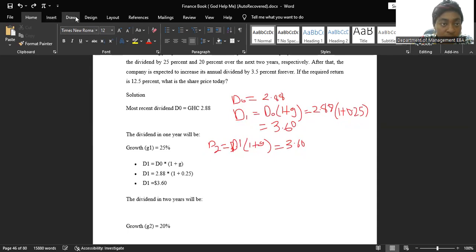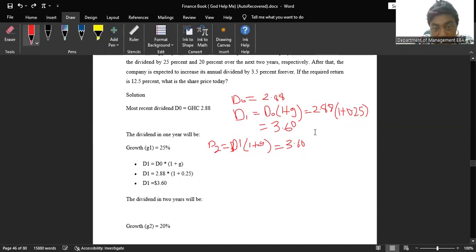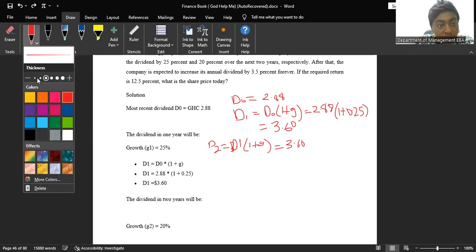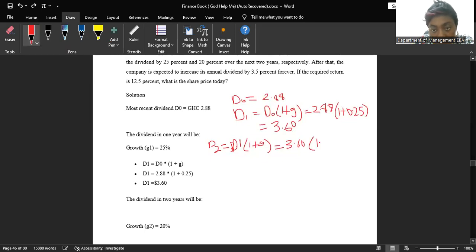Okay, I don't know what was happening, but let's recalculate this. So that will be 3.60 times 1 plus 0.20. What are we getting?